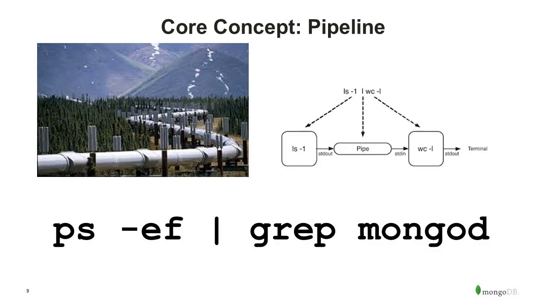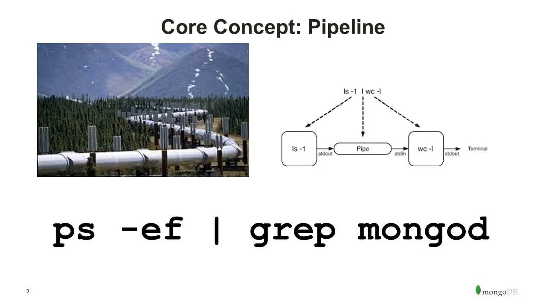There's really just one core concept that you want to keep in your head as you're building your aggregations, and that is of a pipeline. If you're familiar with the Unix and Linux worlds of the pipe operator, this operator is used to redirect the output of one command to the input of another command.